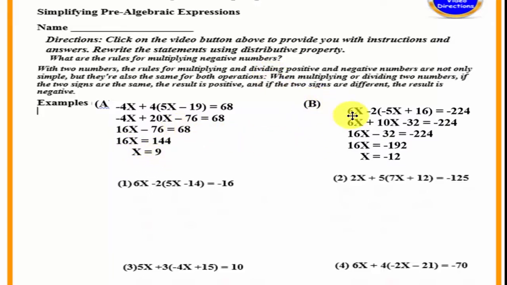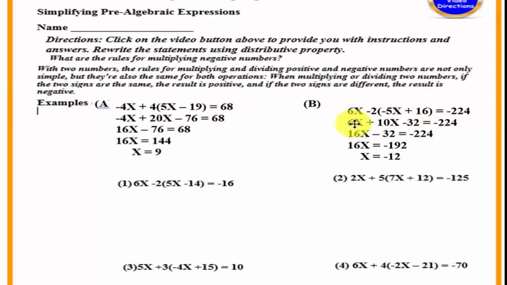Looking at example B, we have 6x minus 2 times the quantity negative 5x plus 16 equals negative 224. The next step, 6x plus 10x. The reason you have a 10x is negative 2 times a negative 5 is a positive. So we have 10x minus 32, because a negative times a positive is negative 32, equals negative 224.